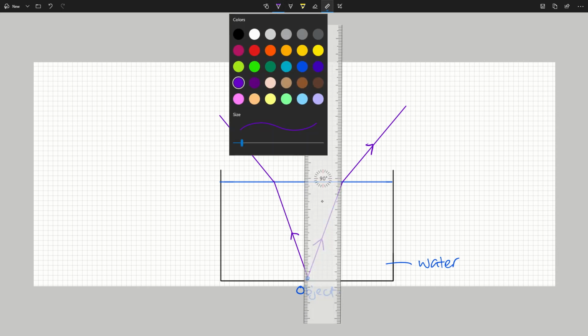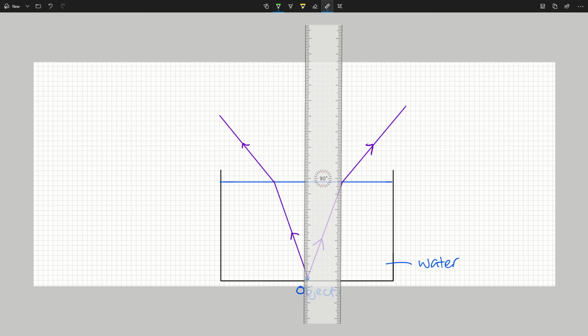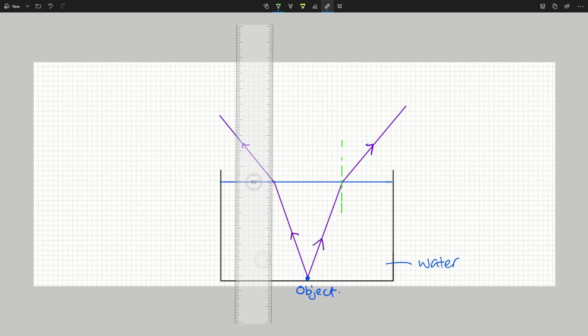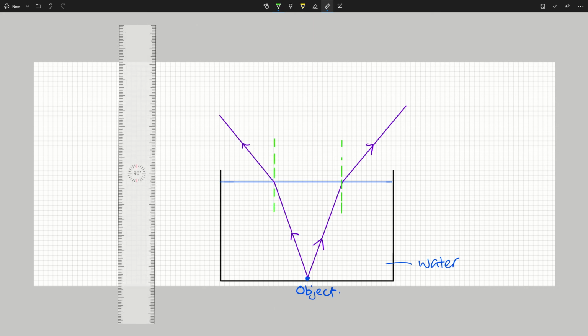It is always a good habit to draw the normal because you might not know when you're going to need it. Okay, the other is drawn grossly out of scale. I will redraw again.